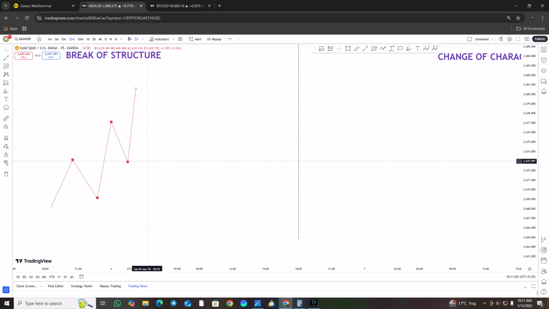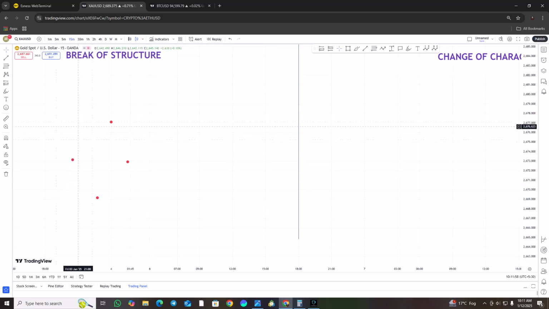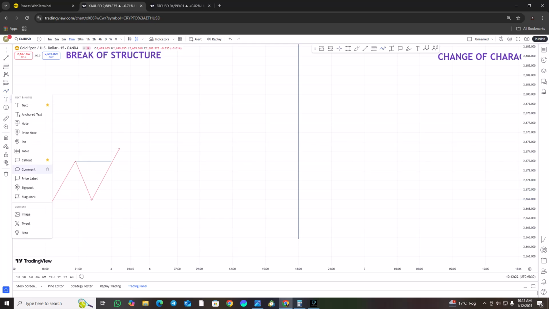Please understand this. Let me erase it and let me draw it again. Market is over here. You see there is a high which is created over here, right? Whenever market is reversing from here, we have to look for something, which is a body close.